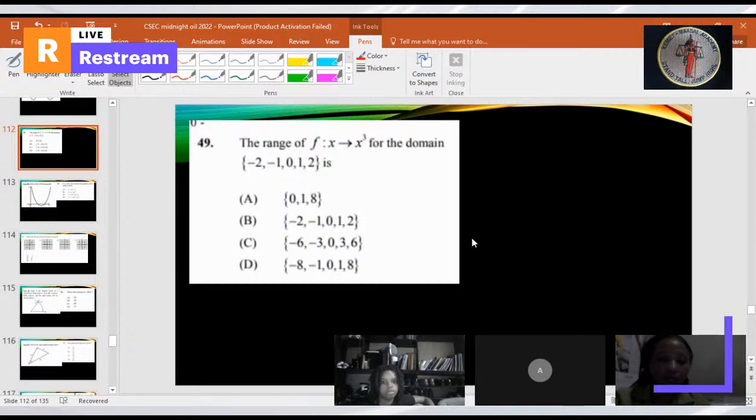The arrow, we read it as maps onto. Miss, so we're cubing everything in the braces. So -2 cubed is -8, -1 cubed is -1, 0 cubed is 0, 1 cubed is 1, and 2 cubed is 8. So that would be D, miss. Correct.